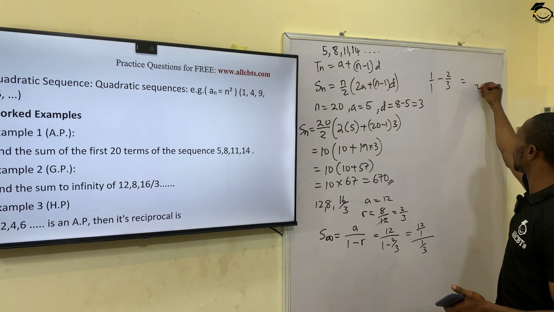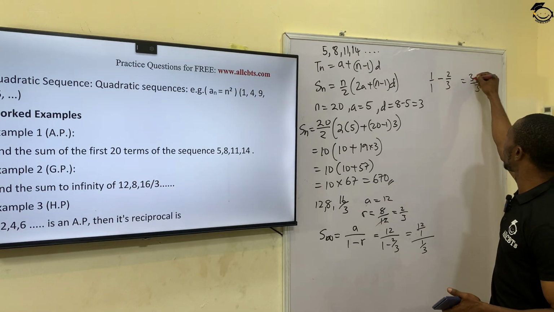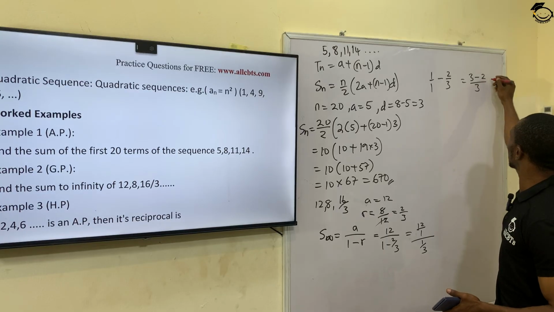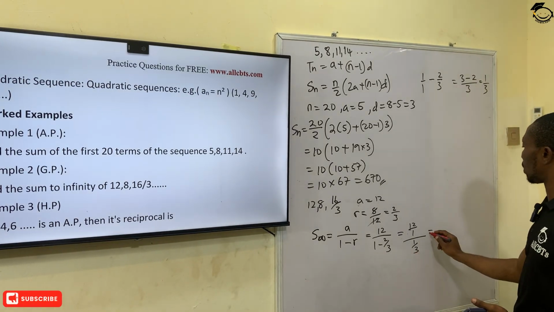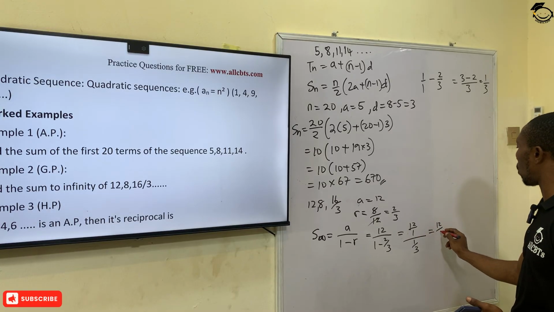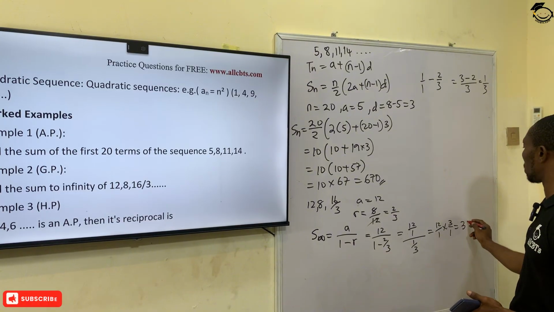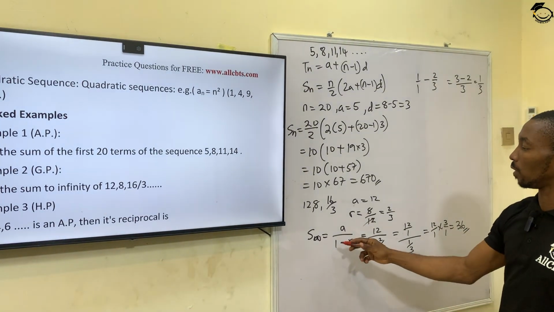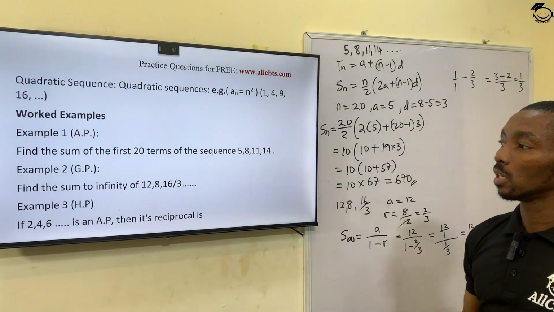LCM will be 3. 1 into 3, 3 times 1, 3 minus 2, which gives us 1 over 3. So that's how we arrived at this. So having this, we have 12 times 3 over 1, which gives us 36. So the sum to infinity of this sequence would be 36.